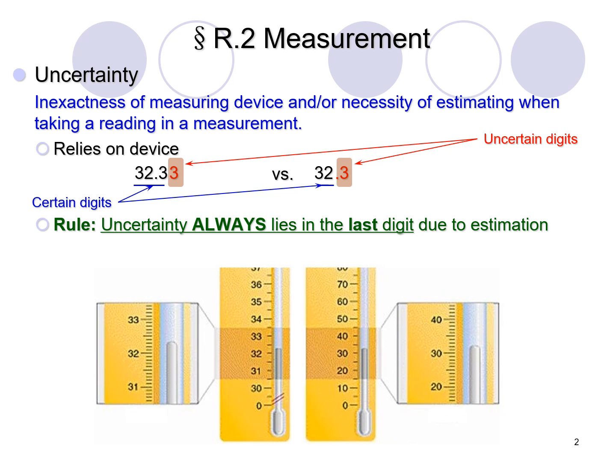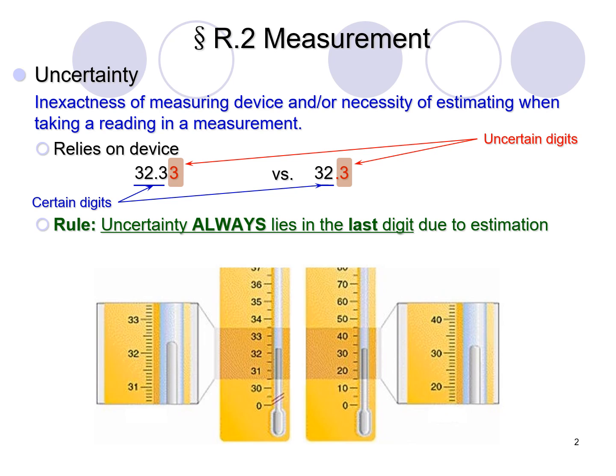Any digits on the left of the uncertain digit are what we call certain digits. That means those digits we measured with 100% confidence from the device. If the device is faulty, that's a different story.